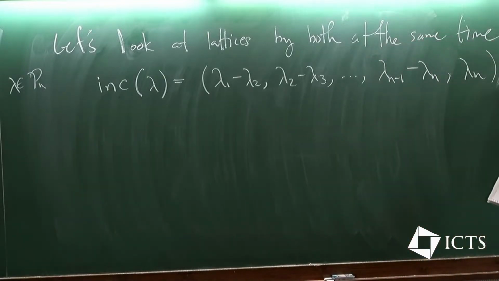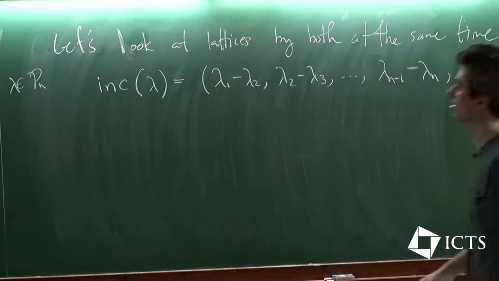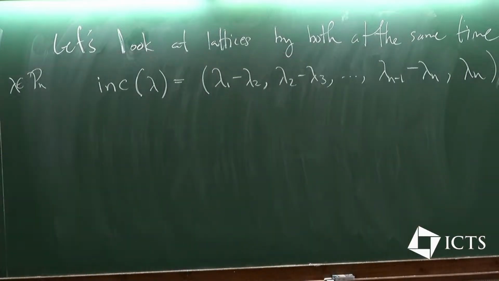Now this is not a partition anymore, this is just some vector of non-negative integers. Inc, increment. What happens if you put y equals 1? Here, you're going to get the usual binomial coefficient, which is n factorial divided by k factorial times n minus k factorial.